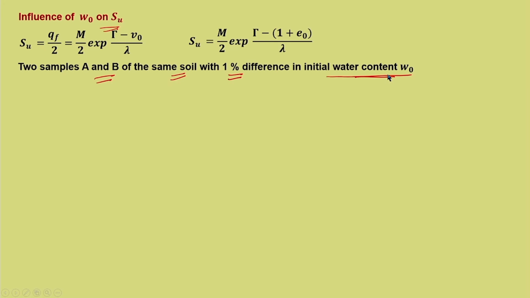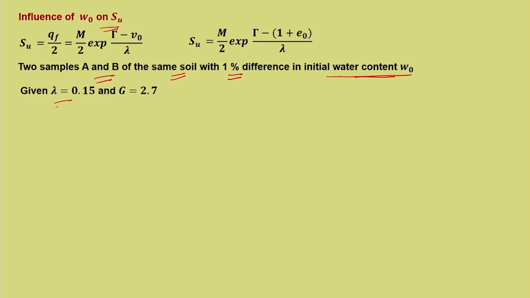So, we are just trying to see how much difference in SU this 1% difference in initial water content will translate to. We are considering the critical state parameters lambda equal to 0.15 and specific gravity as 2.7.